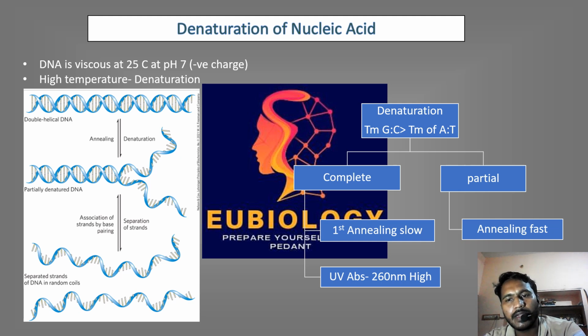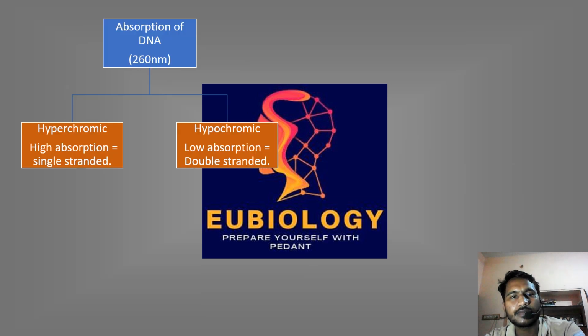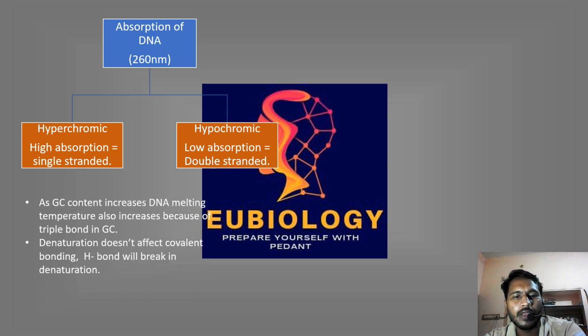So the partially denatured will have low absorbance and the completely denatured will have high absorbance. High absorbance is called hyperchromic, and it happens mostly in single stranded DNA or single stranded RNA. Hypochromic means low absorbance, which actually happens in double stranded DNA. Follow this.